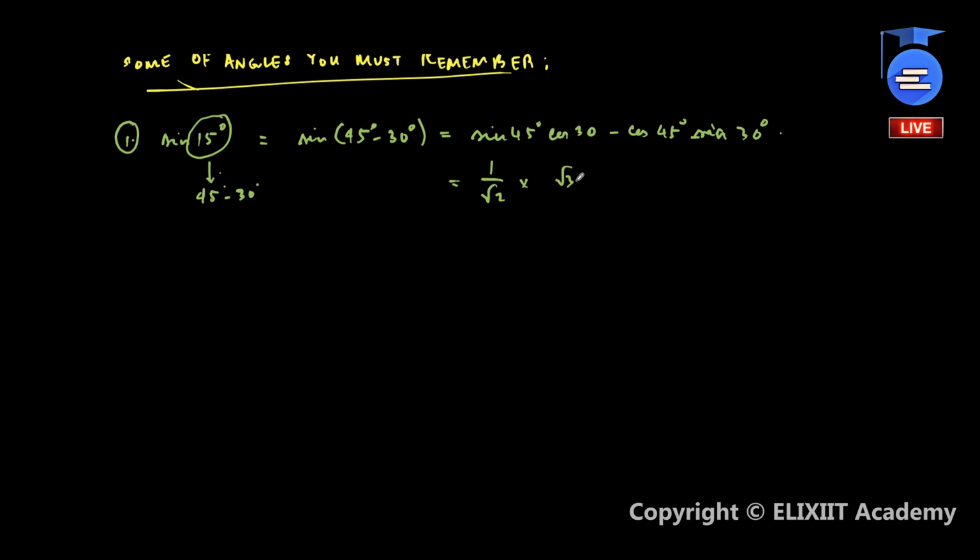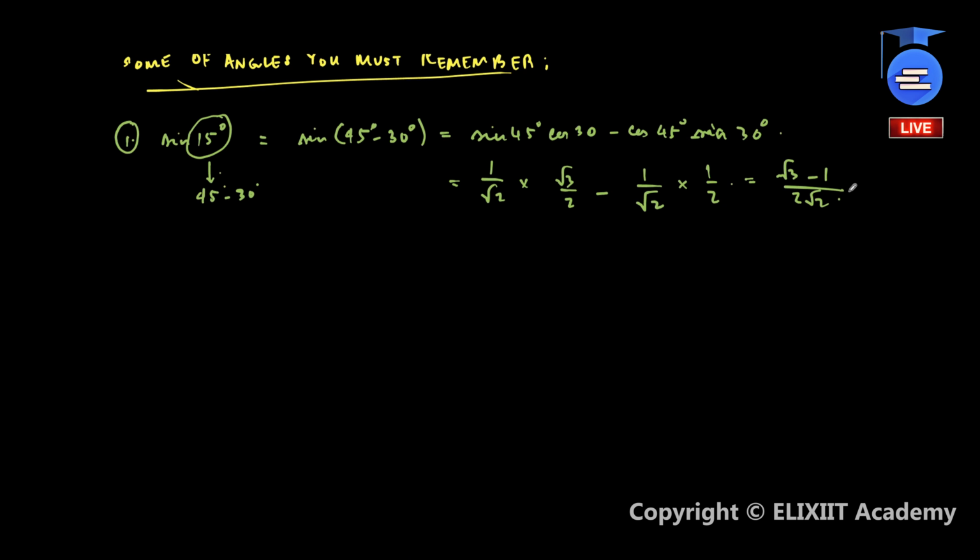Cos 30 is root 3 by 2. Minus cos 45, which is 1 by root 2, and sine 30, which is half. Now, if you calculate this value, we have in the numerator root 3 minus 1 divided by 2 root 2 in the denominator. This is the value of sine 15, you must remember.